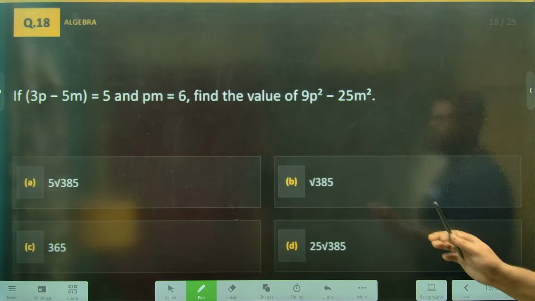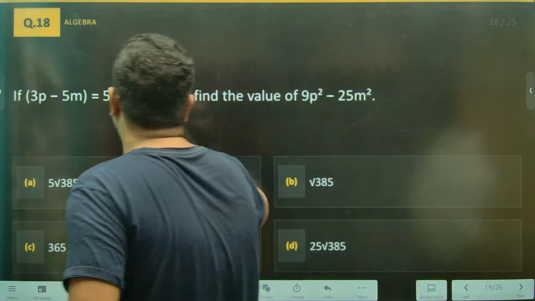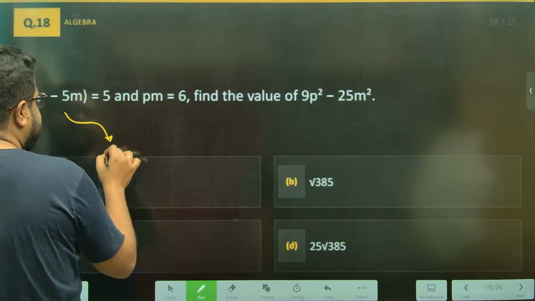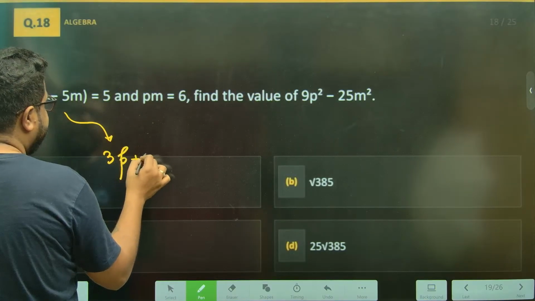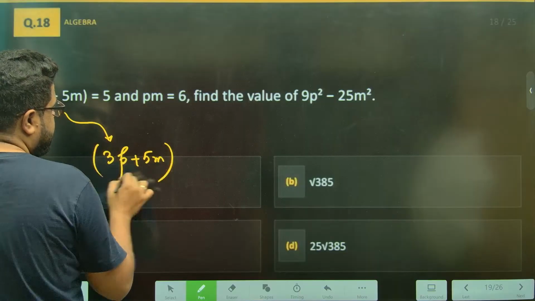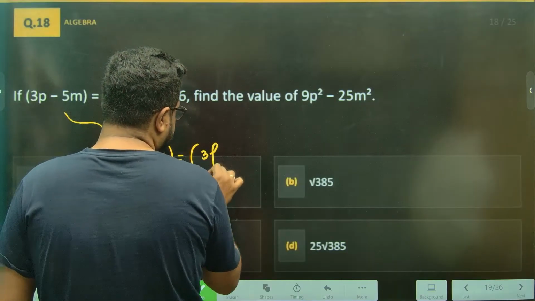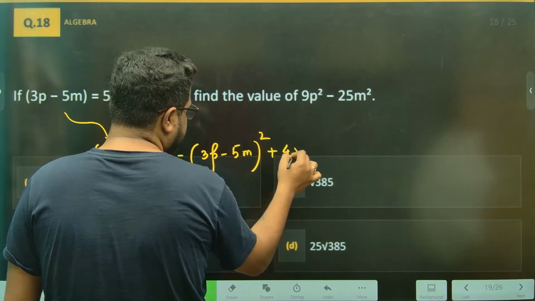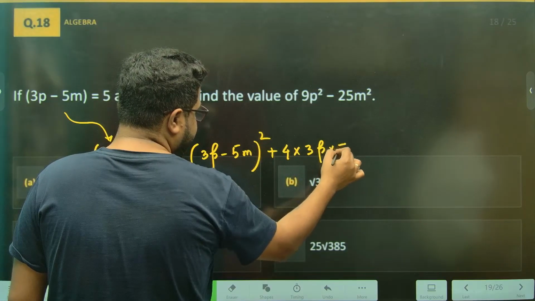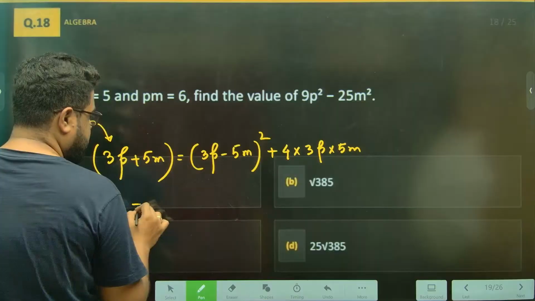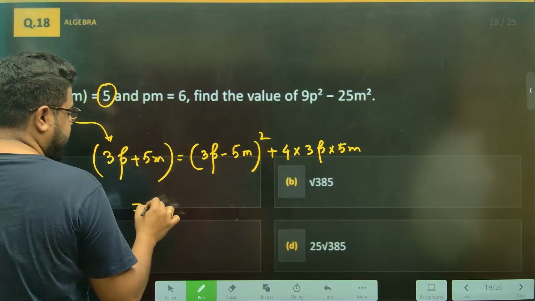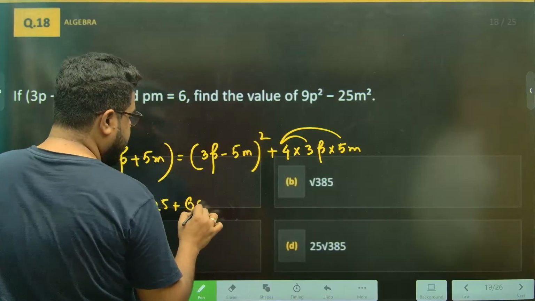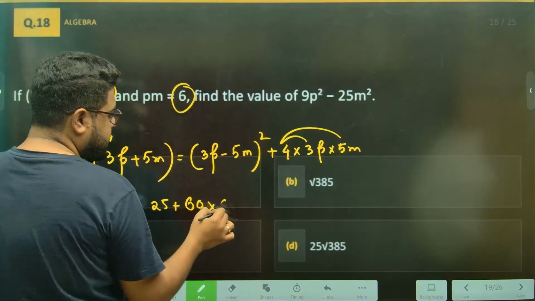Next one, 3p, this given, sir. You can try to put values and check, but again, I'll say do it faster. 3p plus 5m you figure out. That will be 3p minus 5m whole square plus 4 into 3p into 5m. So 3p minus 5m is 5. 5 square 25 plus 4 fives are 20, 60 into pm. pm is 6, sir.